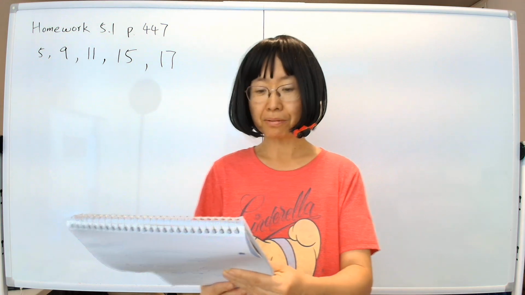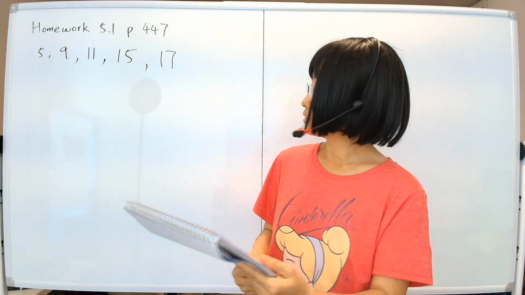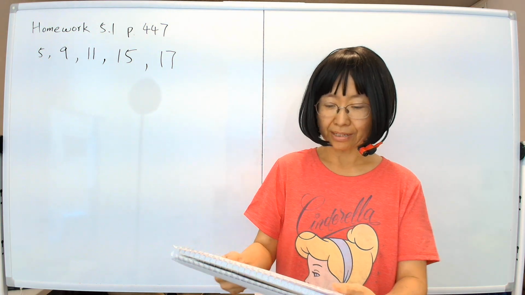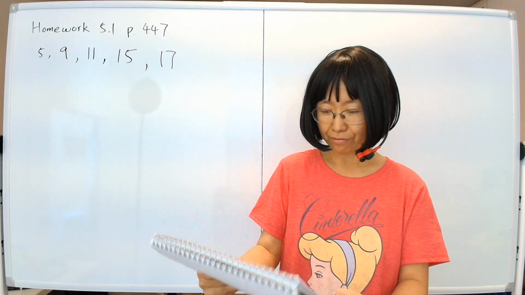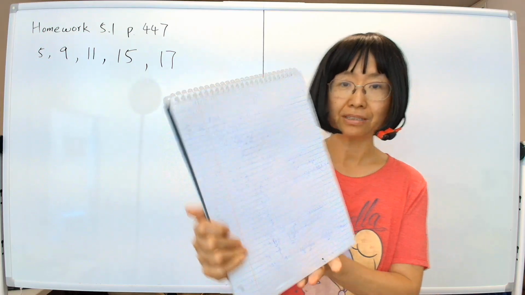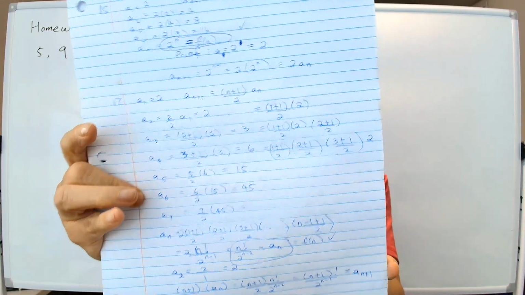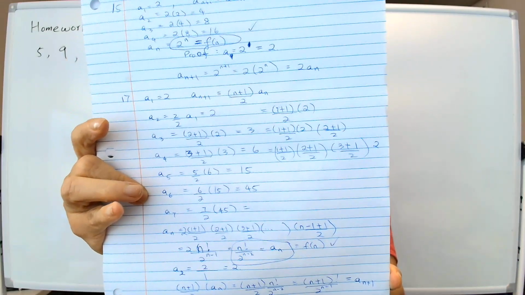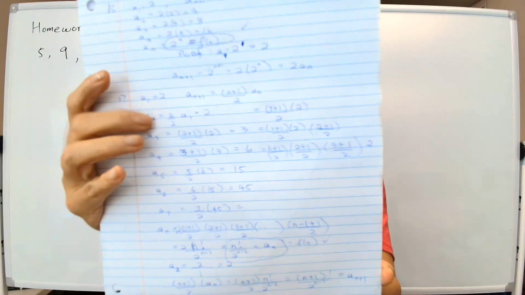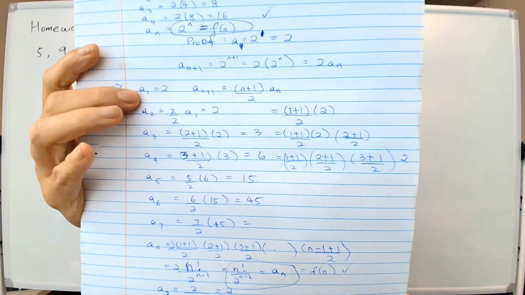Next, let's look at problem 17. Problem 17 looks kind of puzzling, okay? So let's write it out, and if you write it out, you come up with a bunch of numbers that is growing fast, yes, but what is the discernible pattern for it? So then we write it out in terms of the formula itself.